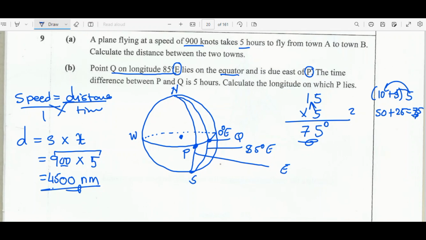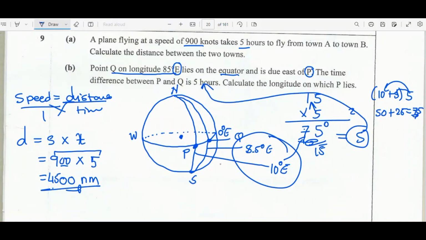So to find that number, we get 75, then we subtract it from 85. 85 minus 75 is 10, which simply means that P is on position 10 degrees east. If you were to find the difference between the two, we can say 85 minus 10, giving us 75. 75 divided by 15 gives us the 5 hours, which is this answer.